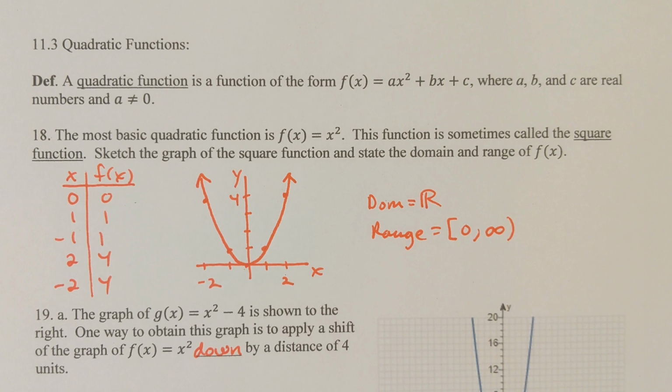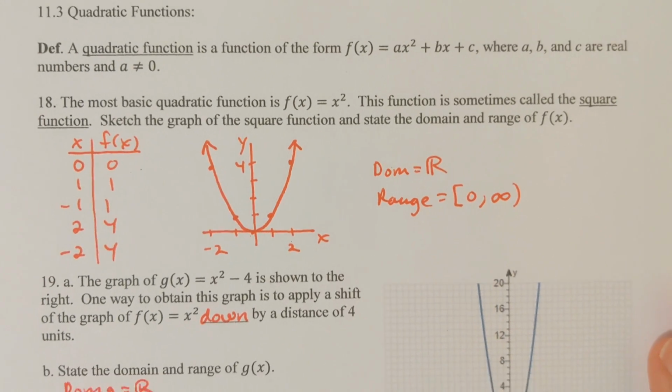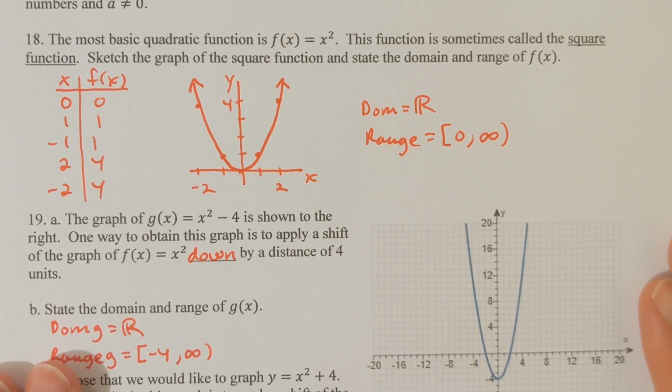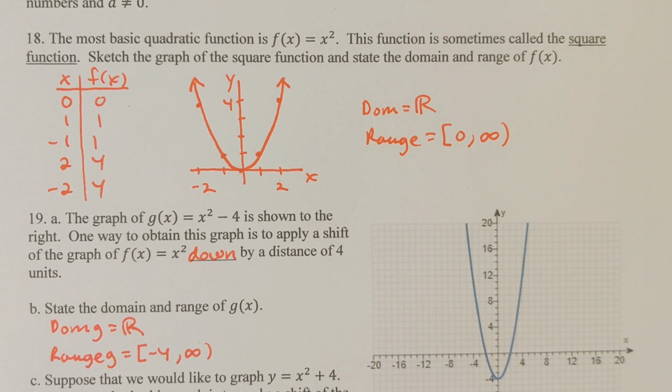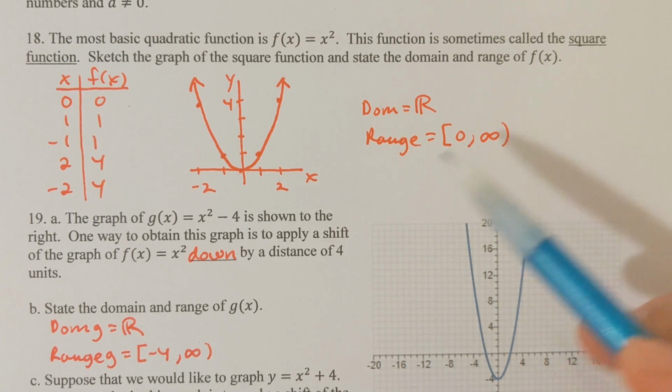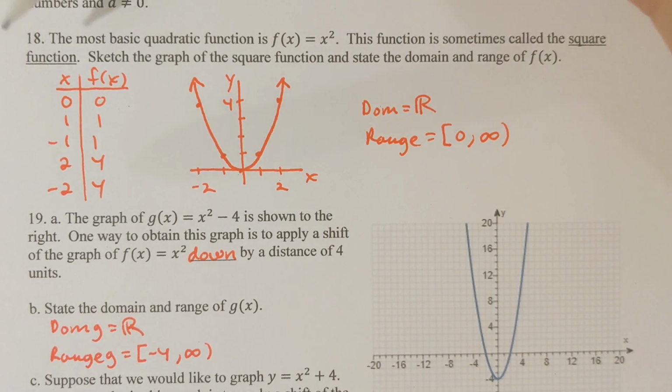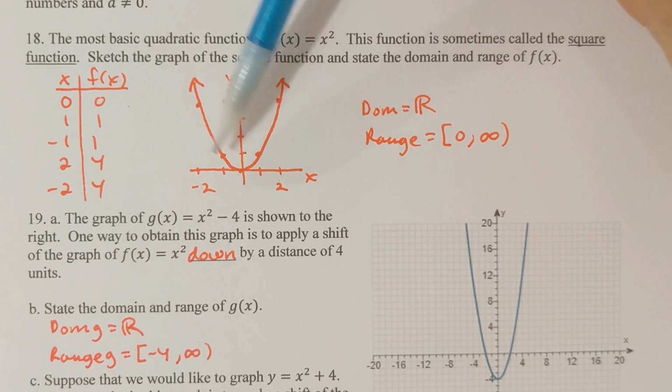All right, so in problem 18, the most basic quadratic function is y equal x squared, or f of x equal x squared. That means the same thing. This function is sometimes called the square function, and I've got a sketch of the square function, so I'm just using a table of numbers. If I plug in 0, 0 squared is 0, so here's 0, 0 on the graph.